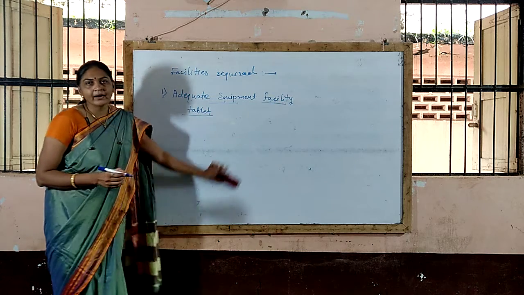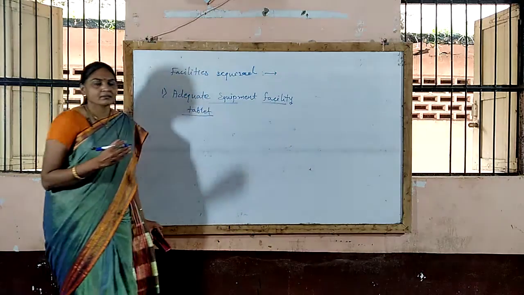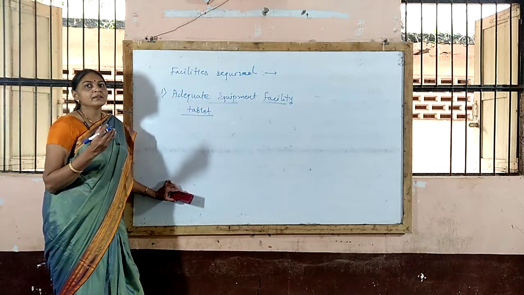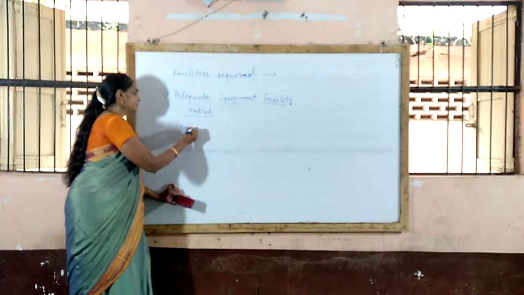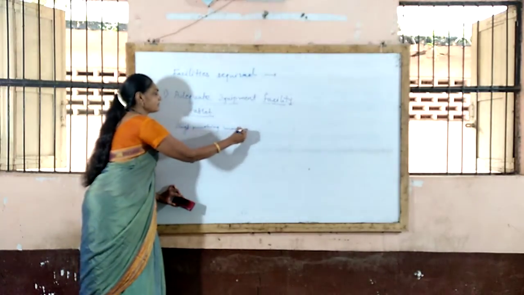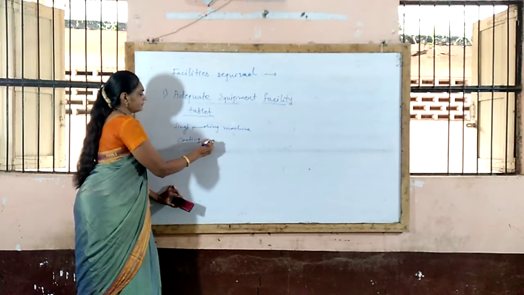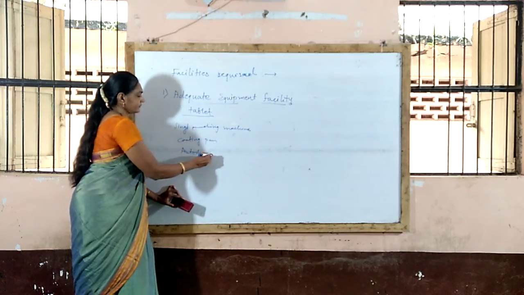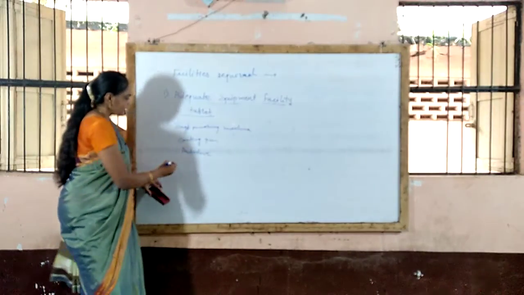The equipment required starts from the weight balance, then granulator, mixer, punching machine, single punch machine, double punching machine, then coating pans, then autoclave. After coating, then packaging machine.